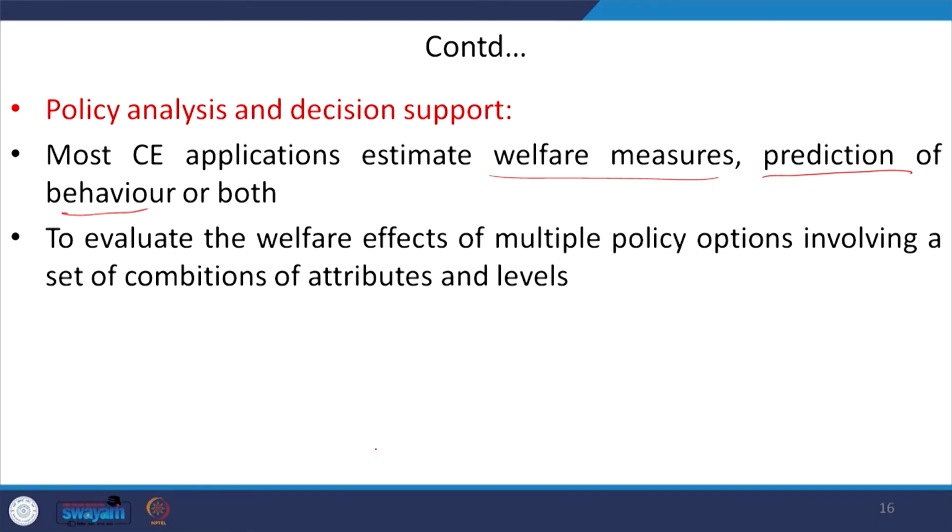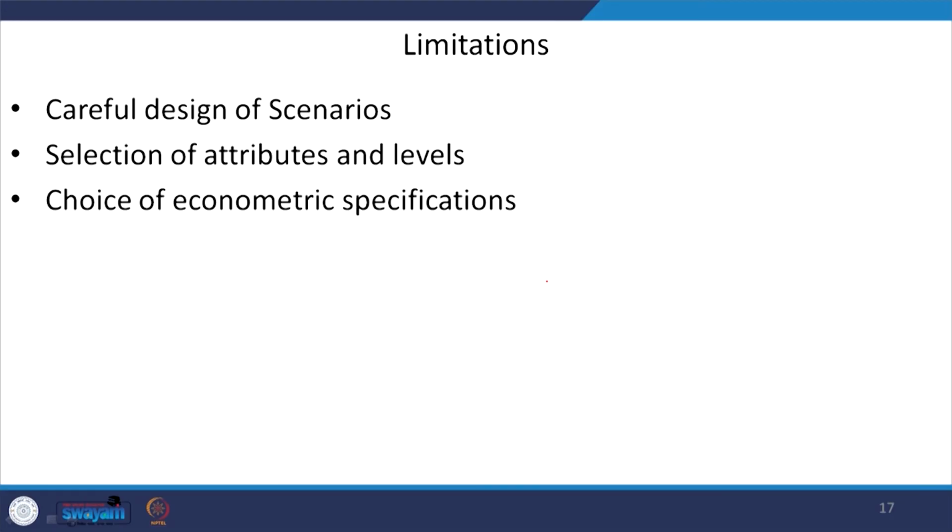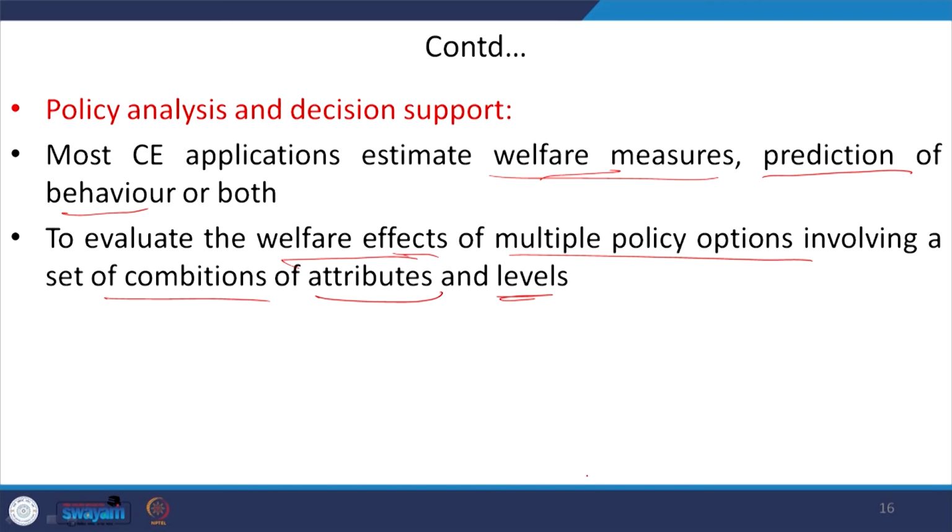And to evaluate these welfare effects, multiple policy options are involved, involving a set of combinations of attributes and also the levels. However, although we got to know that the choice experiment is better than the contingent evaluation method, still this choice experiment method suffers from certain issues.